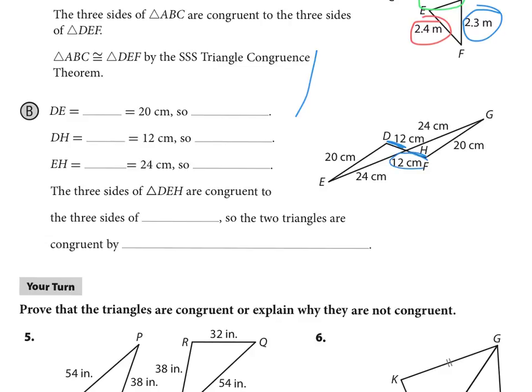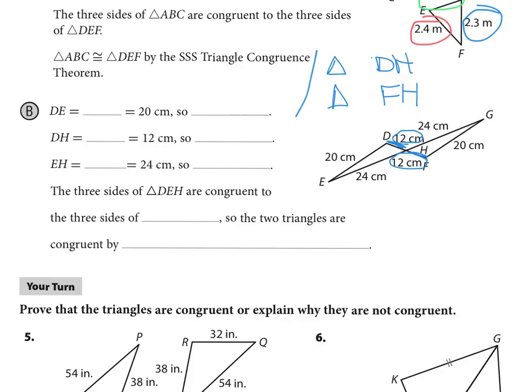Do you see that? 12 and 12, okay? So I'm going to write this. DH, and underneath it, I'm going to write what it's congruent to. FH.